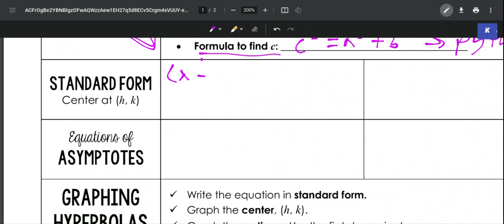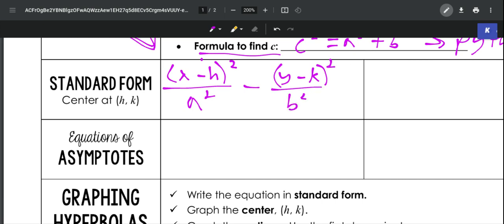So we've got x minus h squared over a squared, just like with an ellipse, except now it's minus y minus k squared over b squared, and everything's equal to 1. So the only difference between this equation and an ellipse was this minus sign here changed. It was a plus sign, now it's a minus sign.